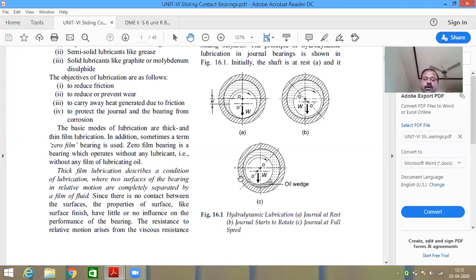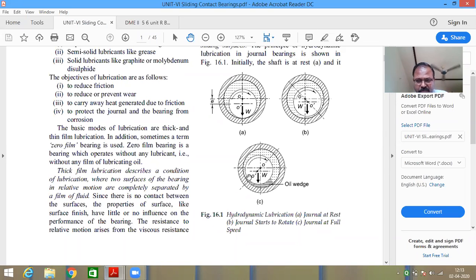Based on the amount of film of lubricant formed, we can again classify. One is called boundary lubrication. Boundary lubrication means a very thin film is formed just to avoid metal to metal contact. But when the thickness of the film is more, it is called thick film lubrication. That thickness of lubricant takes the amount of load acting on the bearing.